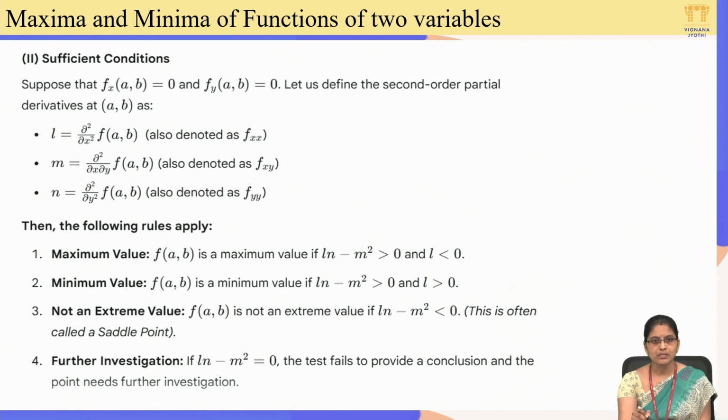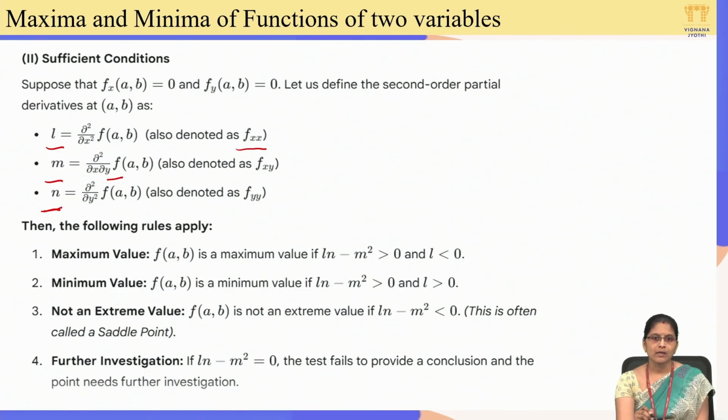Here we are giving some notations L, M and N. The second order partial derivative of f with respect to x at the point (a, b) is also denoted by fxx, and it is denoted by the notation L. Similarly, the second order partial derivative of f with respect to x and then with respect to y at the point (a, b) is denoted by M. Finally, the second order partial derivative of f with respect to y at the point (a, b) is denoted by N. So here we are taking three notations, that is L, M and N.